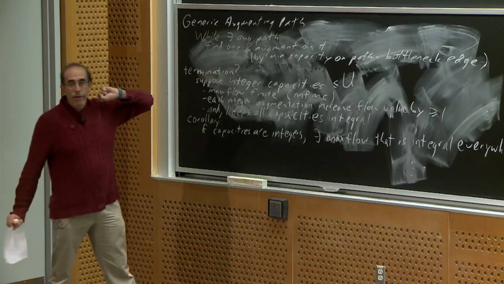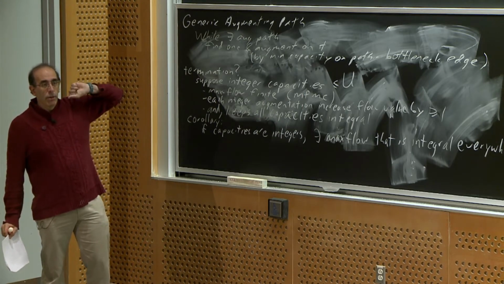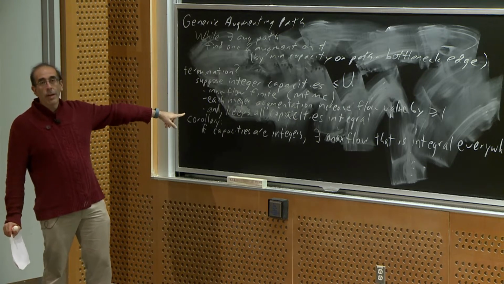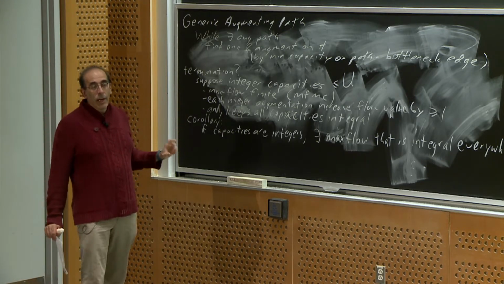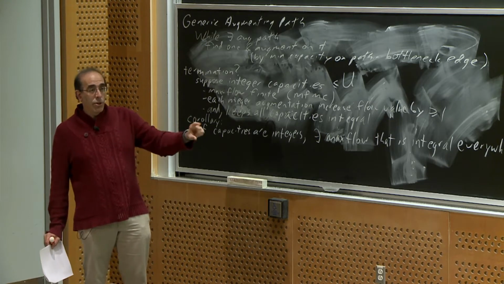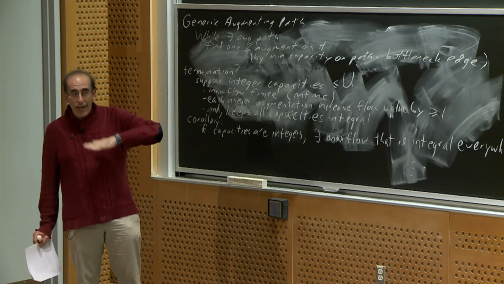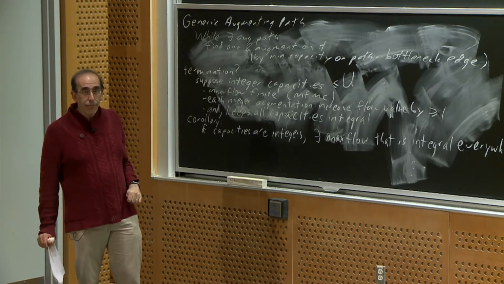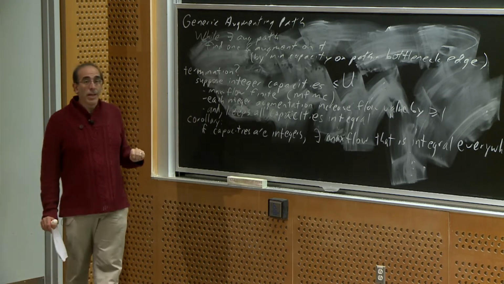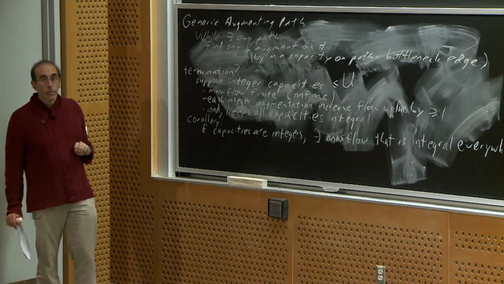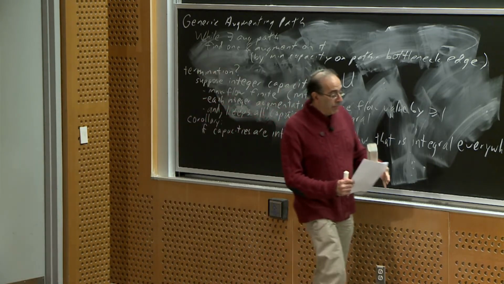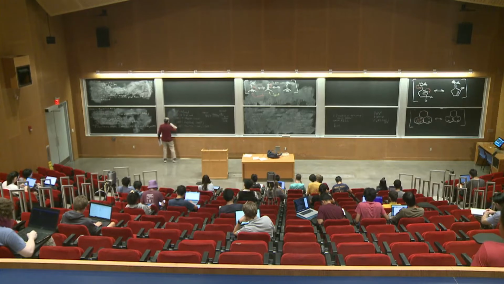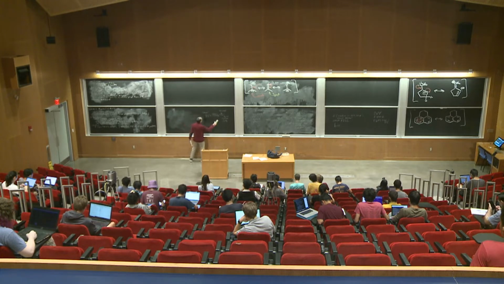So max flow min cut tells us the value of the cut of the max flow is integral. Okay, but this says that actually you can construct that max flow using only integer flow values. Right? I can create a flow of integer value by, say, sending half a unit this way and half a unit that way. Right? The value of that flow is 1, but it's a fractional flow. Okay? This is saying there is actually always an integral max flow, which is useful. We'll rely on that at various times. But as I just argued, there may be other optimal flows that are not integral. But at least one of them is.